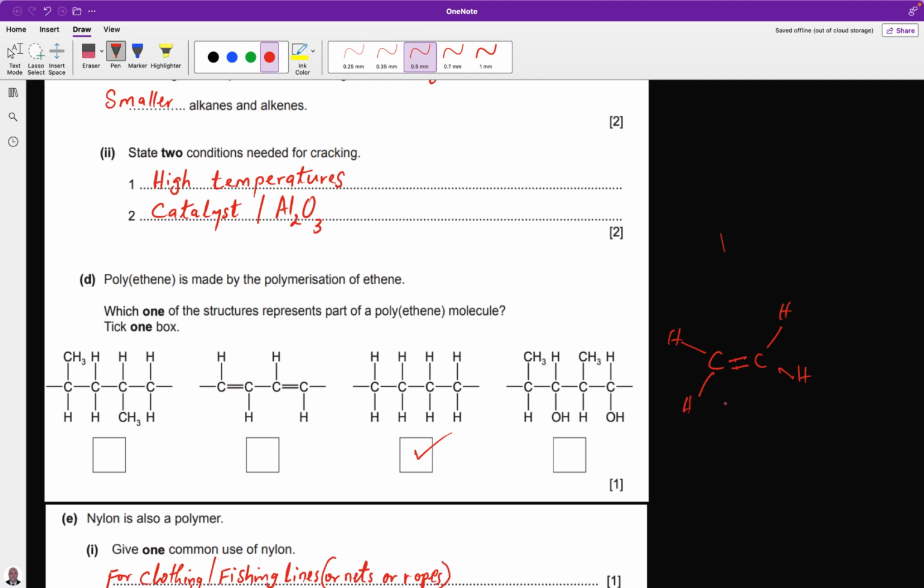If this ethene molecule has to undergo what we call addition polymerization to form polyethylene, the double bond here will disappear. This will be the molecule of it.